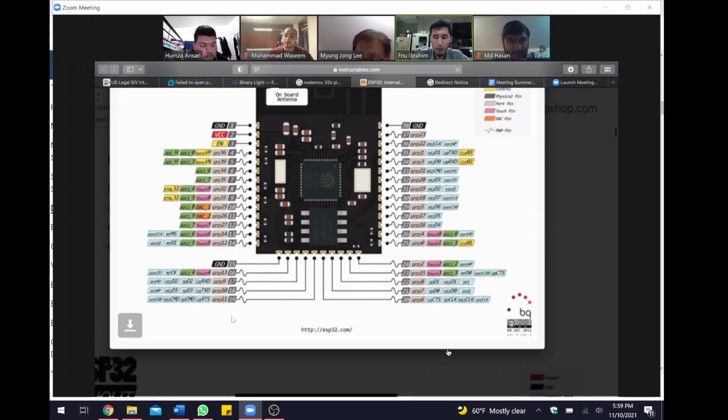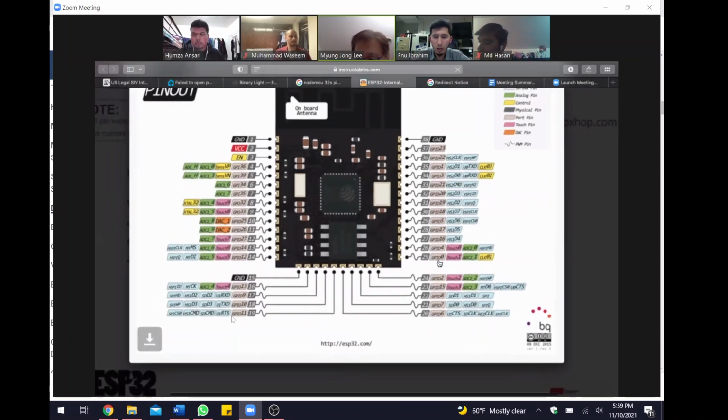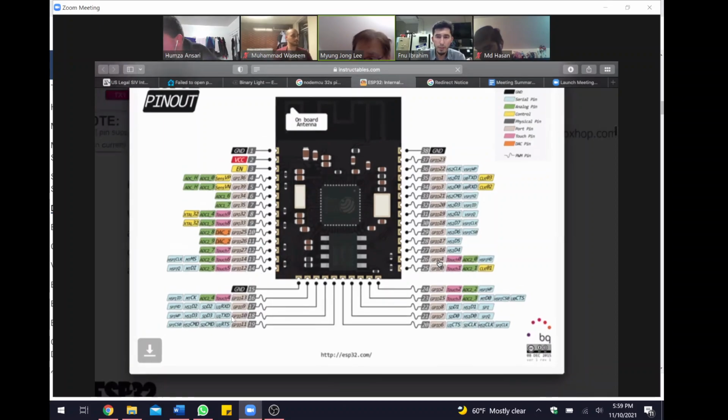Can you calculate what lambda is? The speed of light is 3 times 10 to the 8 meters per second, and f is 2.4 times 10 to the 9. I think it should be less than 10 centimeters.